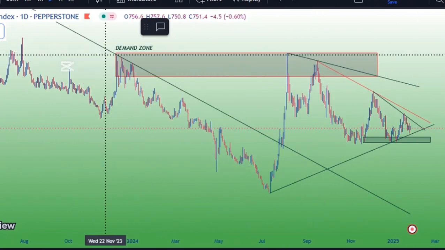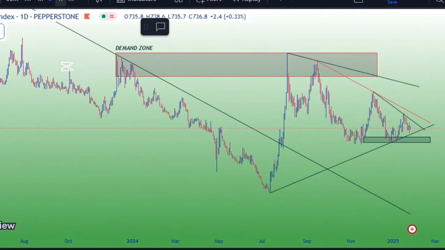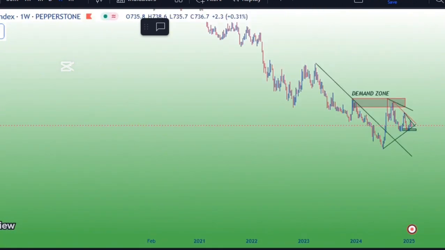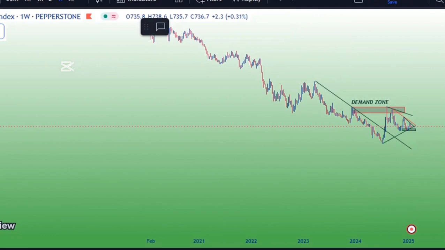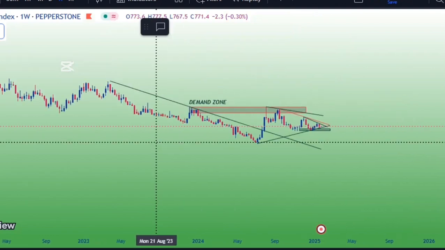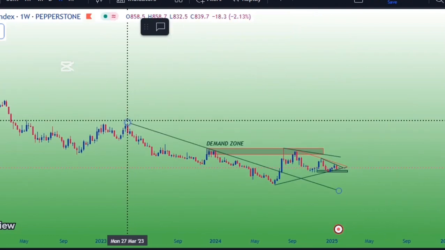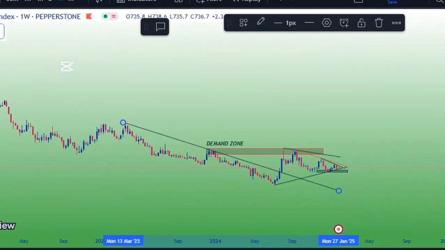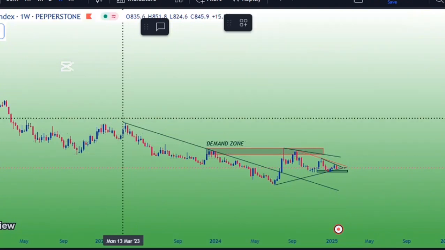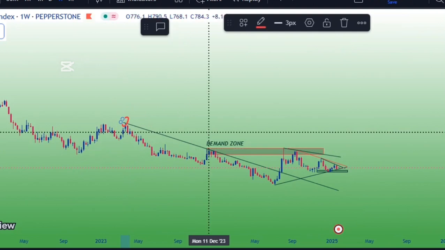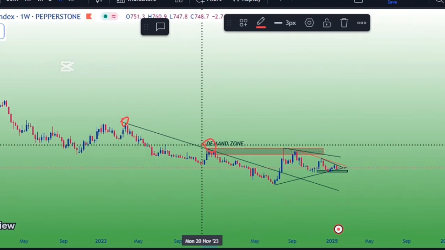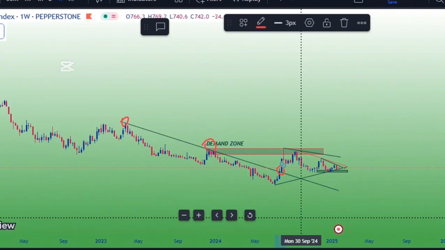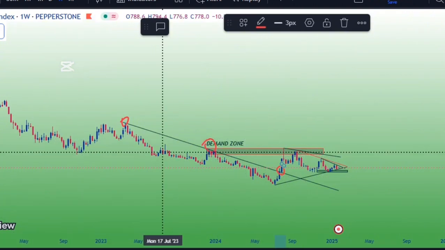So what we are also anticipating now, after every break there is going to be a retest. So this market might come to retest on this trend line. Then once you see the retest on this trend line, we can go long from there. It will bounce back. So that's a clear and simple analysis which I've made for you.